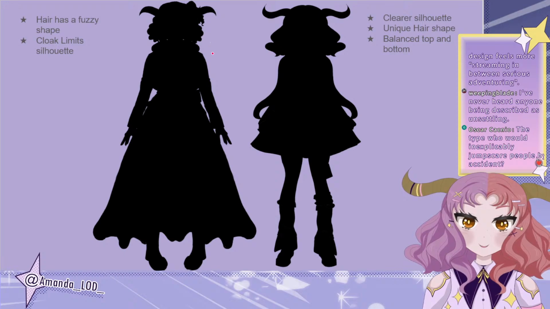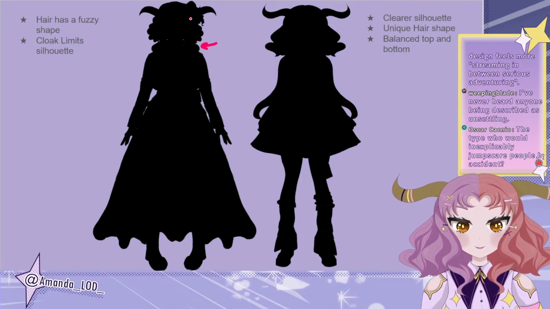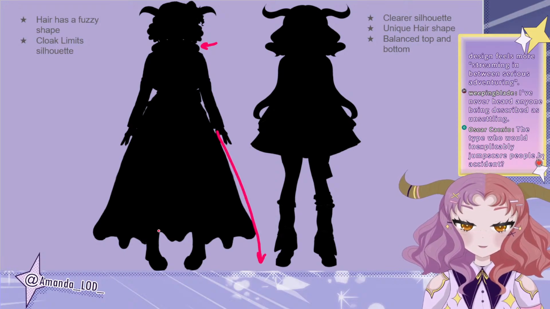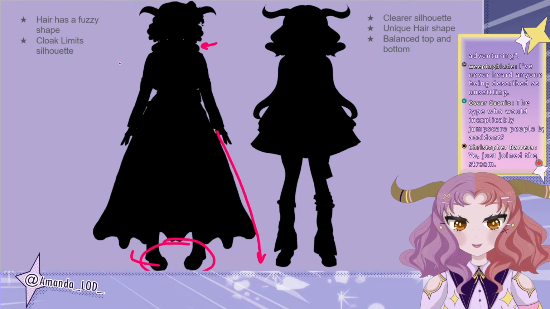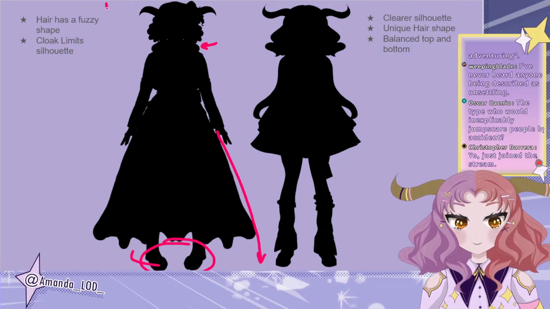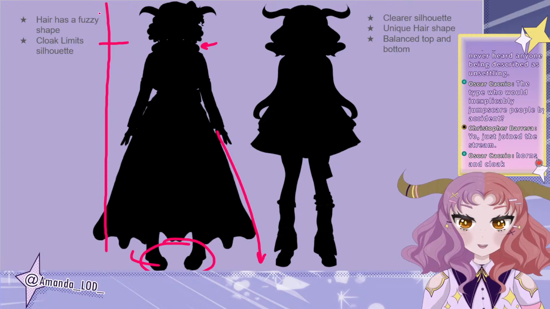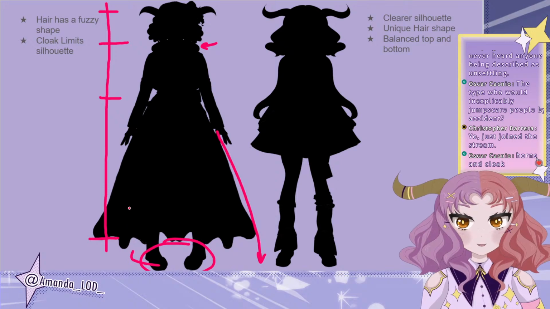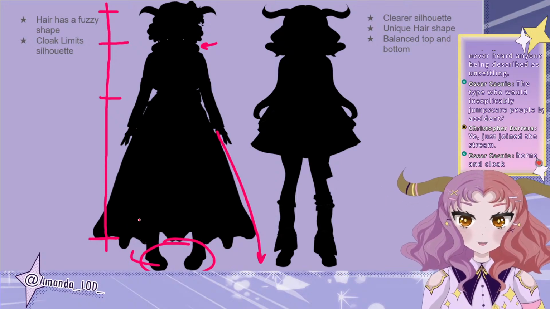Like, the hair has this very fuzzy outline that blends into the hood here. And then the cape is so big that it totally overpowers the silhouette, and then you just kind of see the awkward shoes. There's this trick where you draw a line at each defining trait of the silhouette, and it's super unbalanced, right?